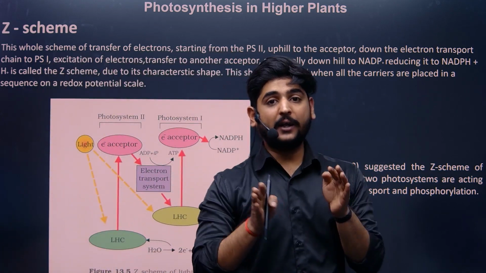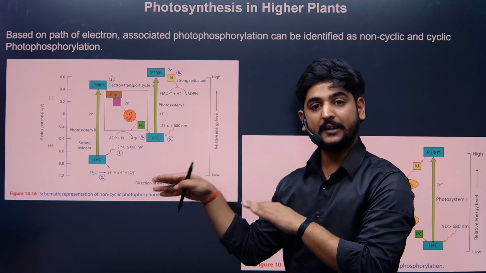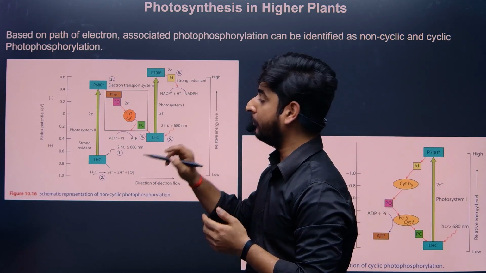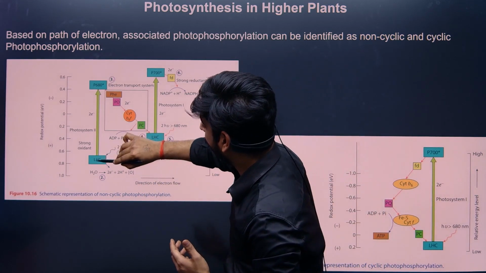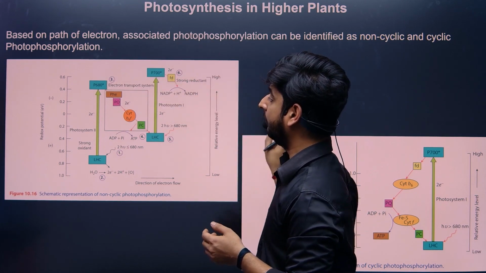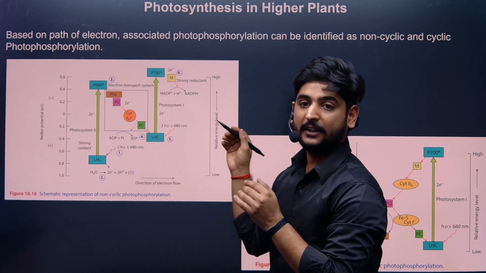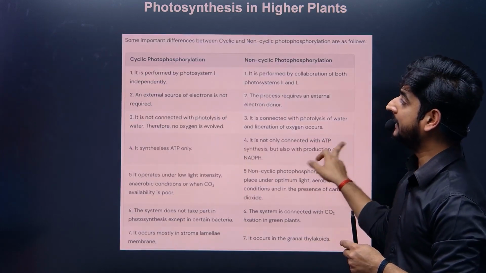Now if we look at the movement of electrons over the series of mobile carriers, what am I going to observe? I am going to observe a Z, if I move it from here to here to here. So if I put all the species on a redox potential scale, then this particular scheme is known as the Z scheme.